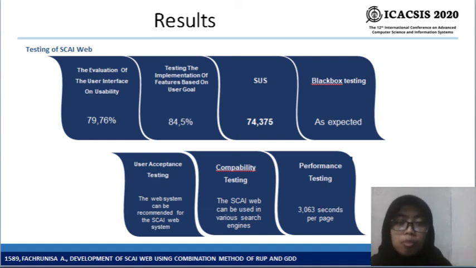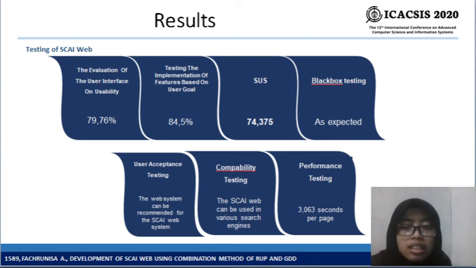For the performance test, the testing used page speed grade. It shows that the average overall performance score is 88.27, in the grade B category. And the access speed obtained using GTmetrix is 30 seconds per page.